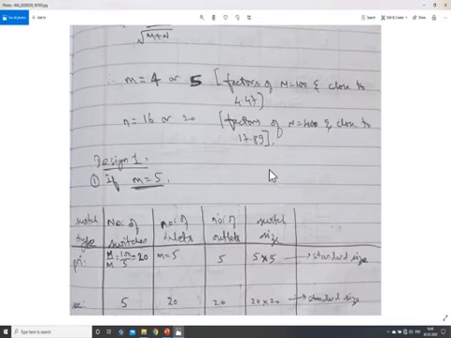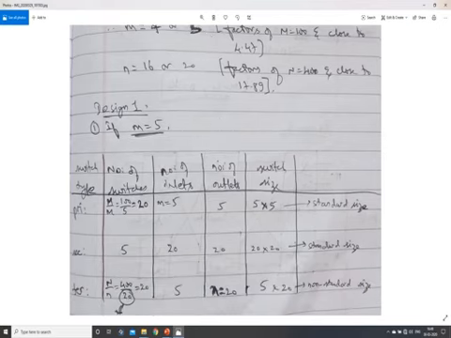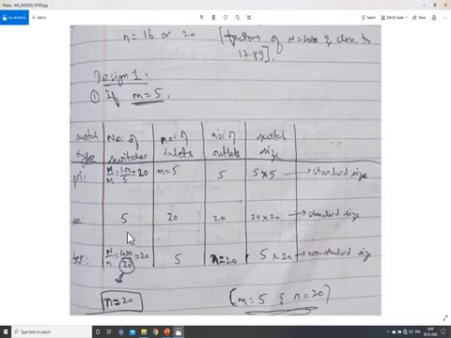Now let us consider the first case. Let us assume that m is equal to 5. If m is equal to 5, then what is the number of switches required, the number of inlets, the number of outlets, and the switch size?